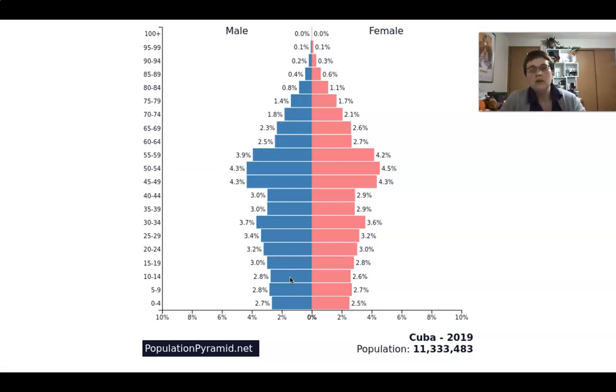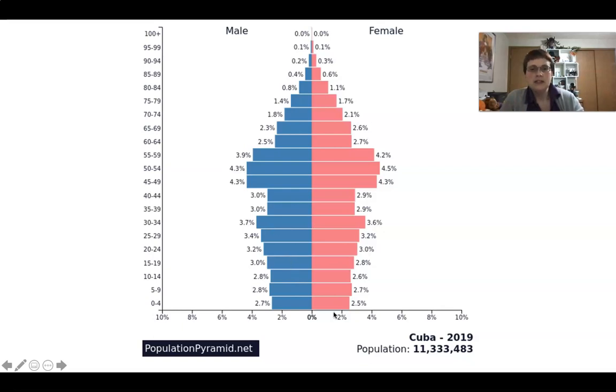The thing is with Cuba, and this wasn't in their post, the big reason why Cuba is decreasing, they did mention, I believe, the aging population. However, the other big reason is because there's a lot of emigration, people heading out of Cuba. And that has had a big impact on their population.